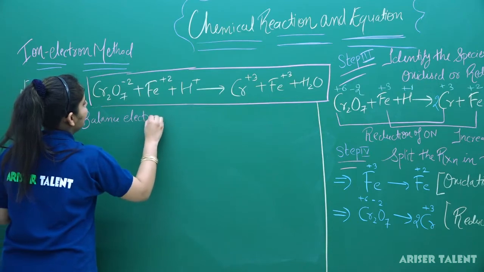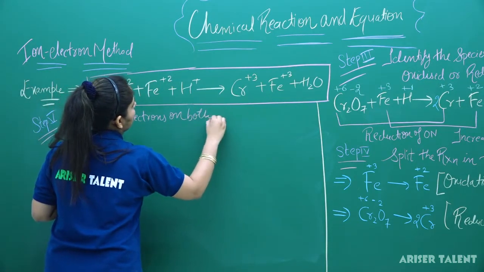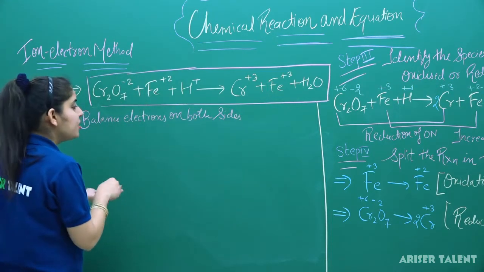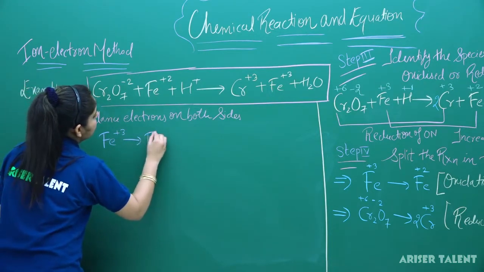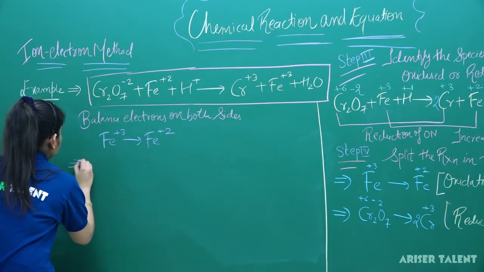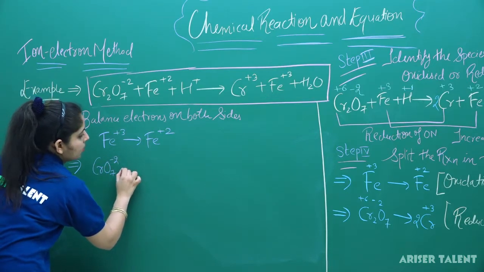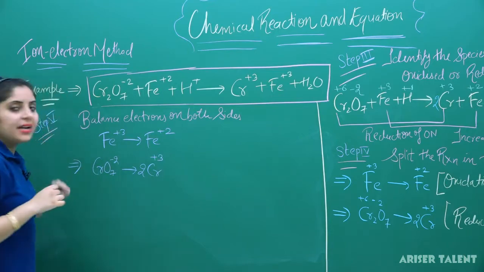We will balance electrons on both sides. So we have our first equation, that is Fe+3 gives Fe+2, and our second reaction, this is our second reaction.